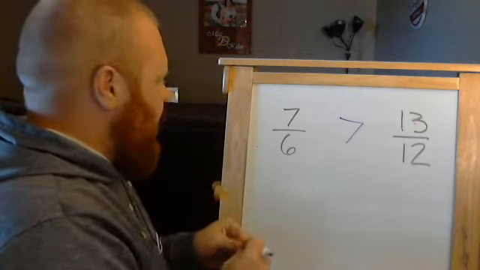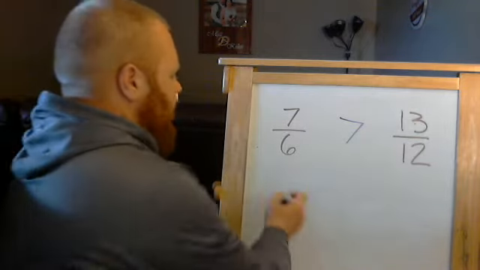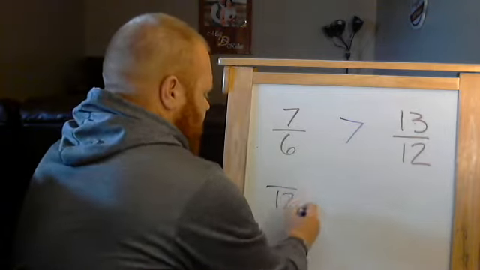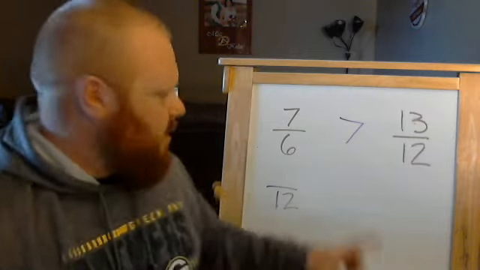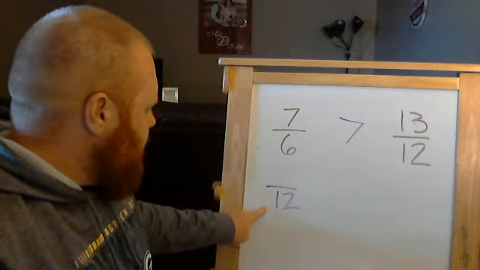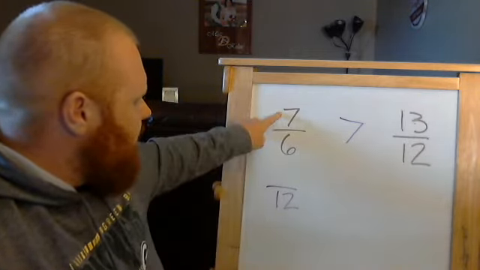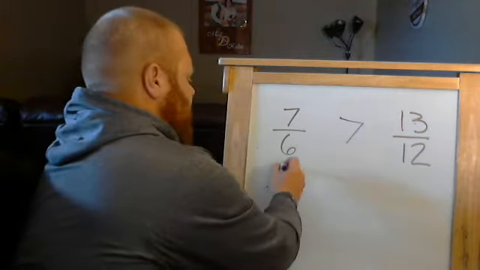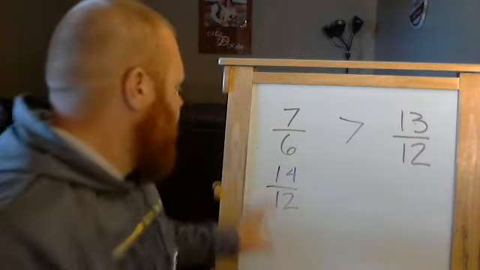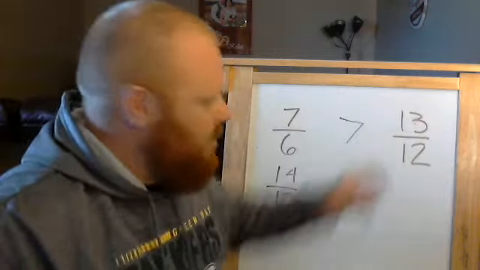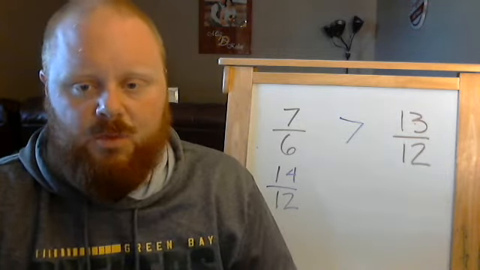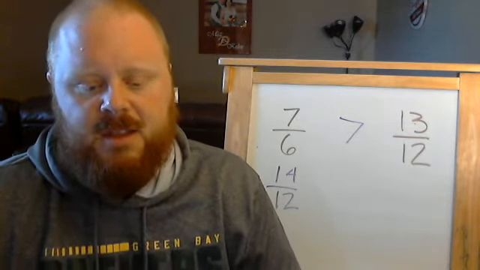So what I can do is change this fraction here into 12ths using an equivalent fraction sentence. 6 times 2 is 12. 7 times 2 is 14. 14 12ths is bigger than 13 12ths. It's 1 12th greater than.